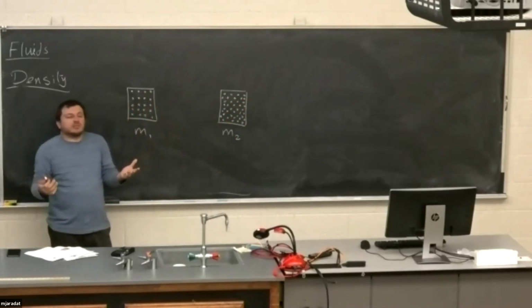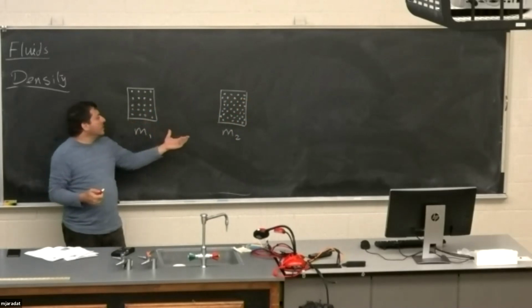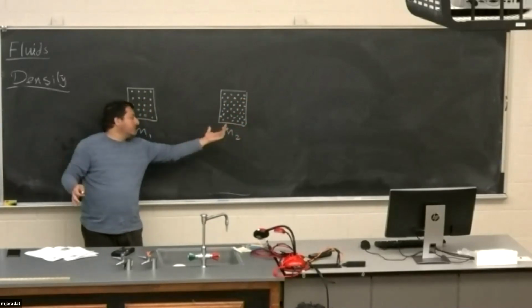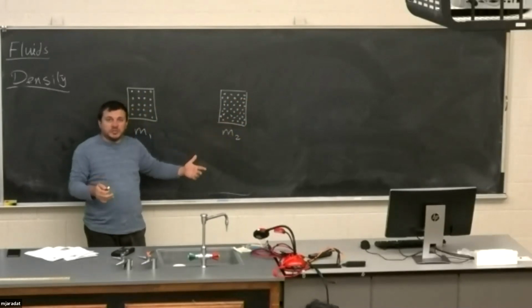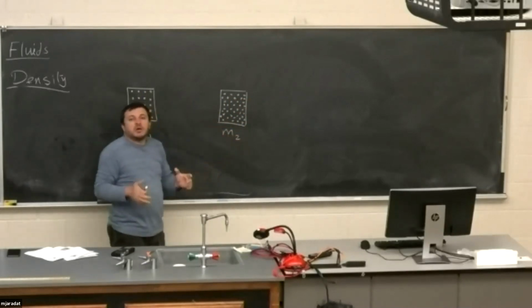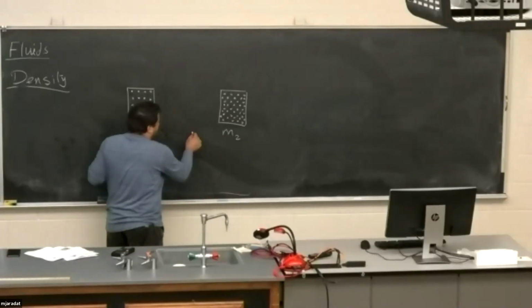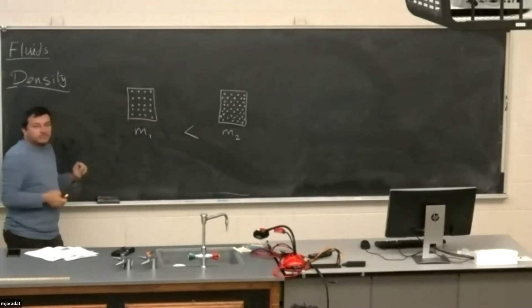We are in a class, 20 students or 40 students. The other class, the second class, is more dense. In this case, more dense means more material, more mass. So in this case, mass 2 is bigger than mass 1.